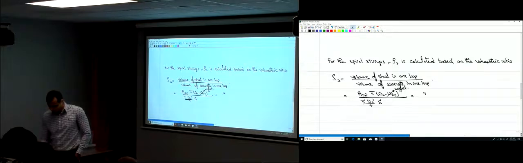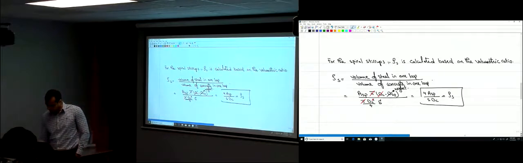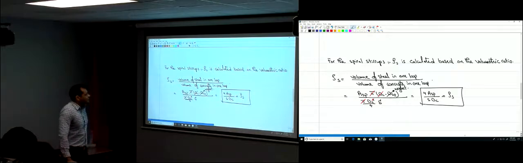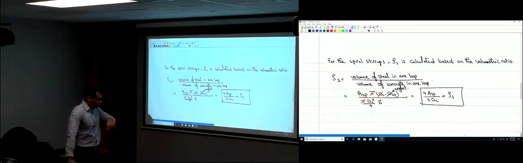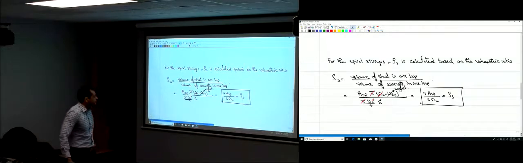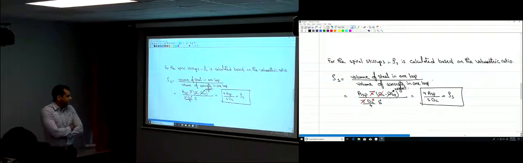So here you have 4 times the area of the spiral, divided by S D core. So that's rho S, the rho of the spiral, the percentage of reinforcement in a certain direction of the circumference. So rho S equals 4 A spiral divided by S D core.